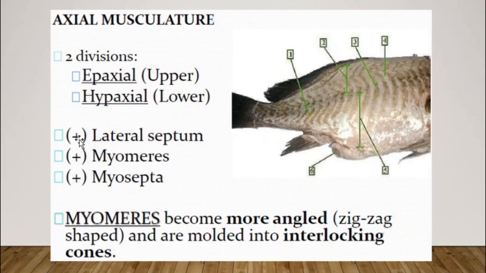They also have the lateral septum, which is absent in lamprey, and they also have myomeres and myosepta. The myomeres become more angled compared to the lampreys and are molded into interlocking cones, so they look zigzag in appearance.